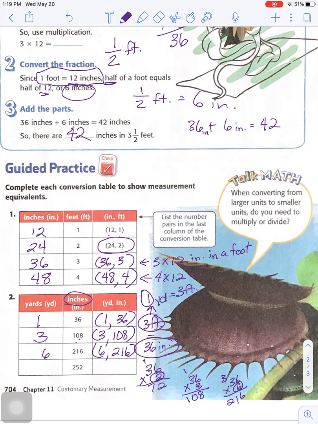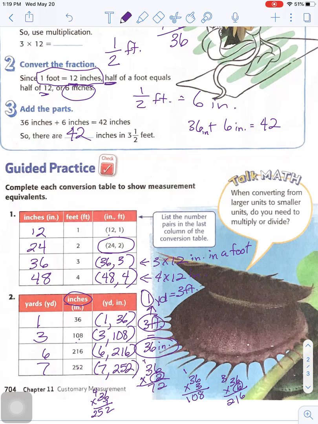I'll bet you this next one, oh, it's not going to be 9 though, because 9 would be way too much. So I'm going to go 7. So we're going to try 36 times 7. 6 times 7 is 42. 7 times 3 is 21. And 4 is 25, 252. So it is 7 yards, 252 inches. Didn't really follow a pattern there.